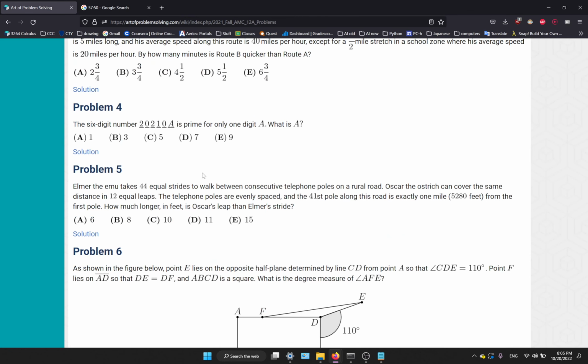Okay, whatever. Elmo, the emu, takes 44 equal strides to walk between consecutive telephone poles on a rural road. Oscar, the ostrich, can cover the same distance in 12 equal leaps.